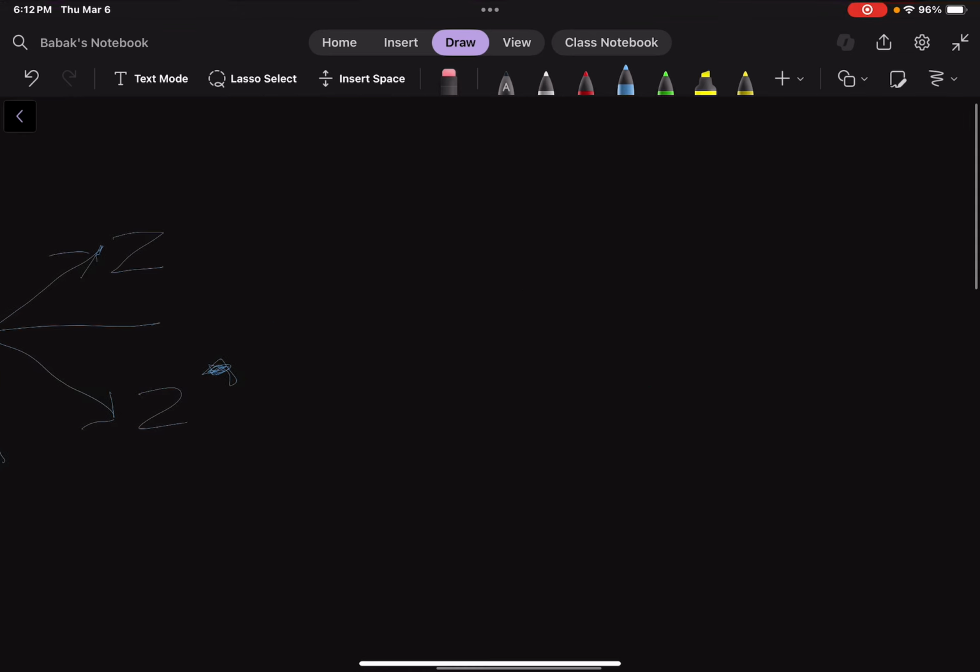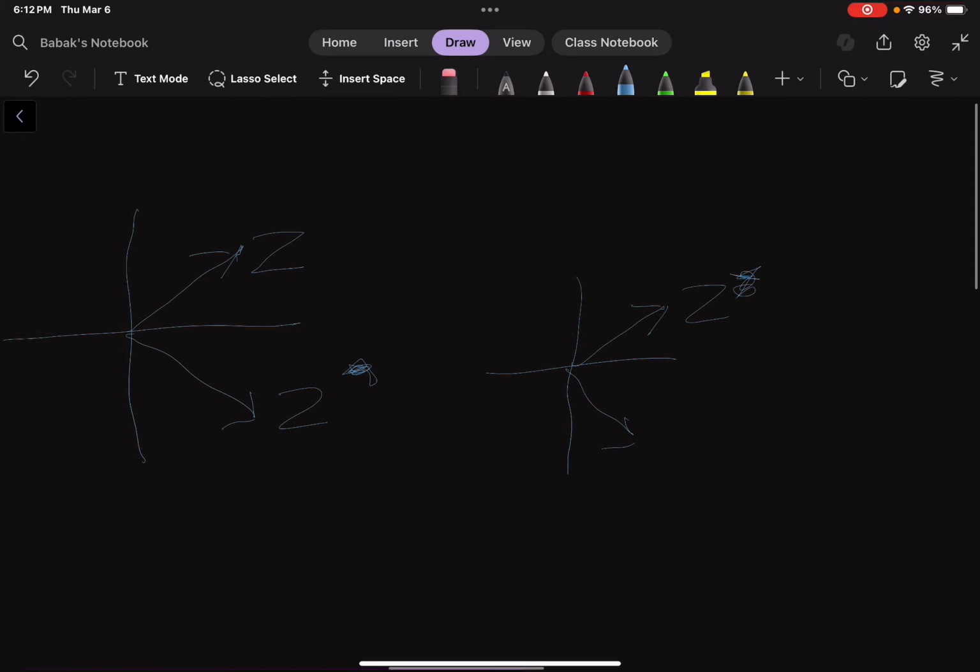Respectively, if this is our z, this would be the conjugate of z. Now it ought to be mentioned in both cases that this angle is equal to this angle, and this angle is equal to this angle. By this angle, I refer to the acute angle, or the minimal angle the vector makes with the horizontal axis.